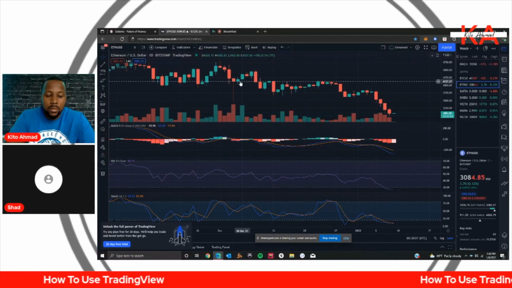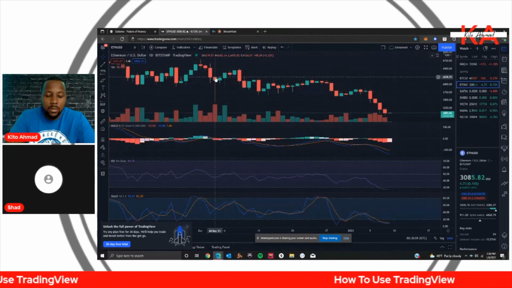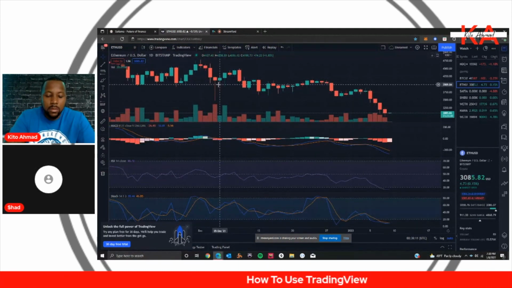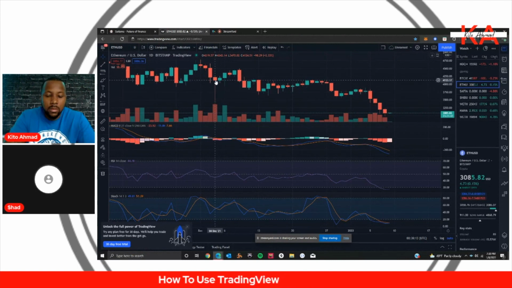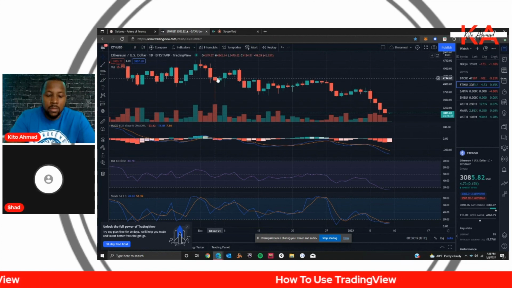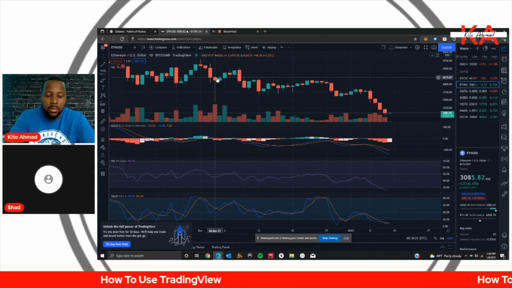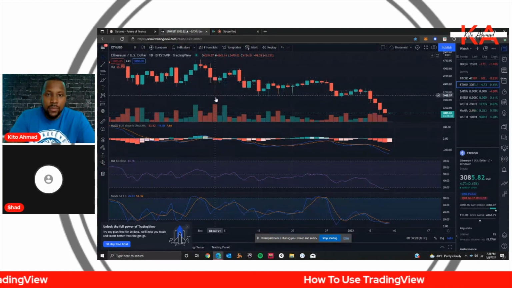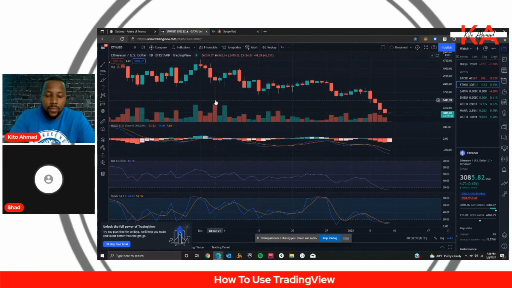But for example, we'll use this one. The line here is called a wick, like a candle wick, right? Because they kind of look like candles. You can see where the price opened is identified by the top line on the candlestick. This long wick is how low the price may have gotten, right?